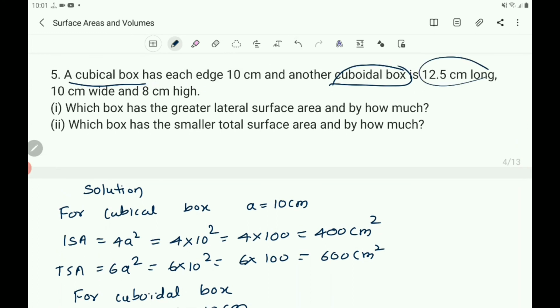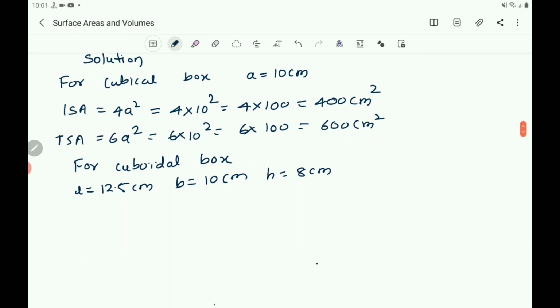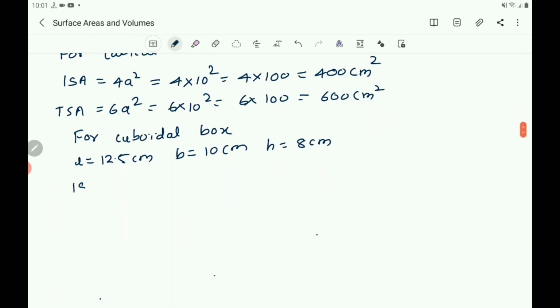Here this is l, this is b, this is h. Find the LSA and TSA.